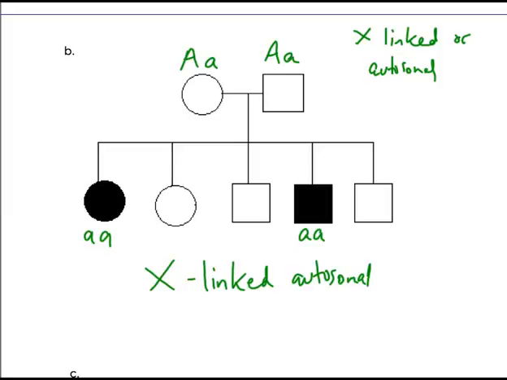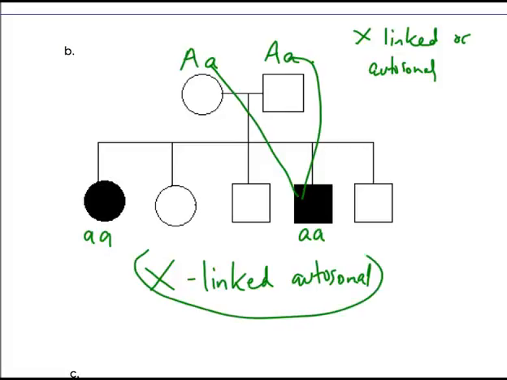Remember the rule, it's rare, but you can assume that the person's not a carrier unless there's no other choice. Here, this is literally the only scenario that allows this pedigree to exist. So a little a is coming from there, and a little a is coming from there. So this one has to be autosomal recessive.